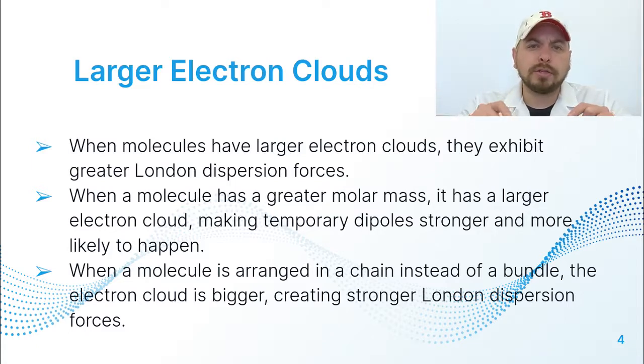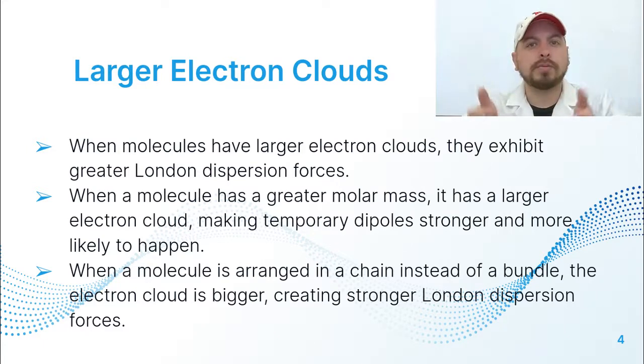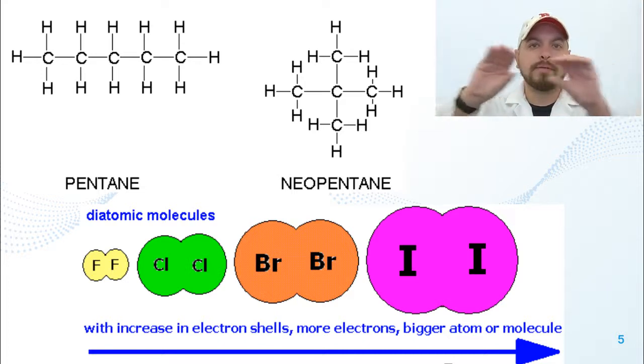But it also has to do with how wide the electron cloud is spread. So if we think about a big molecule that's all bundled together in the center, that electron cloud is probably going to be a little bit more evenly distributed. A much longer, skinnier molecule, like a long chain lipid, for example, all of a sudden is going to have a much longer chain of electron clouds.